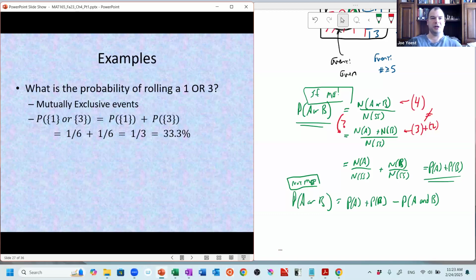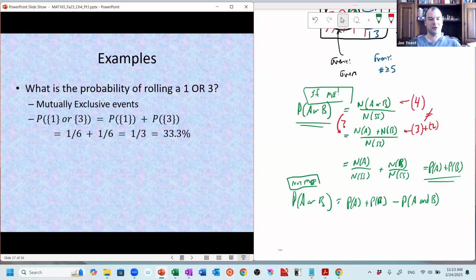So again, as we always do, we start out with a really simple example. What's the probability of rolling a 1 or 3? In other words, event A is rolling a 1, event B is rolling a 3. What's probability of A or B? Probability of 1 or 3. These are mutually exclusive. The event rolling a 1 and the event rolling a 3 share no outcomes in common.